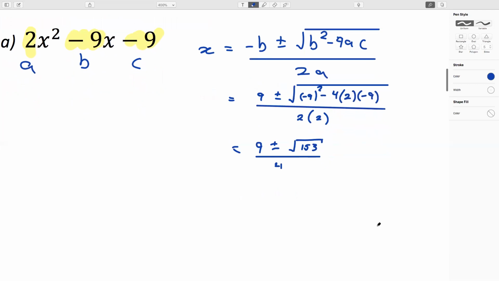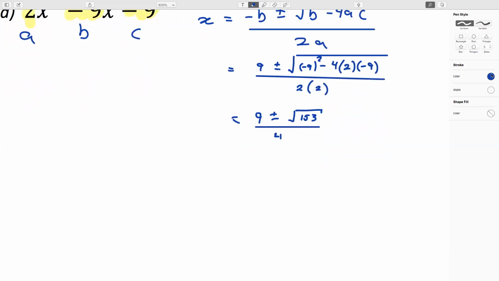We can then go ahead and do our 2 calculations. So one will be when we're adding, 9 plus root 153 over 4. I like to calculate the numerator first, and then divide by the denominator.